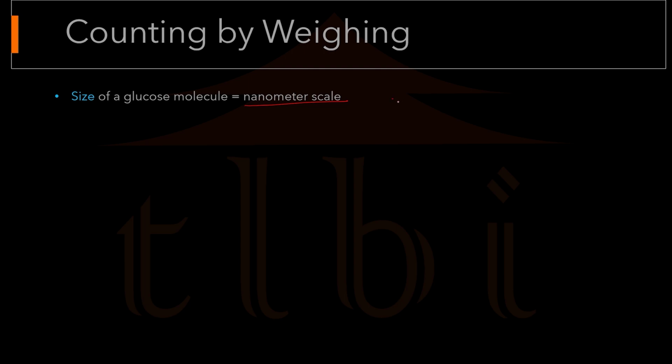To give you an estimate of how small that is, suppose you connect glucose molecules end to end in a straight line. If you're seeing this video on a laptop, the thickness of this line will have about 1 million glucose molecules stacked end to end.